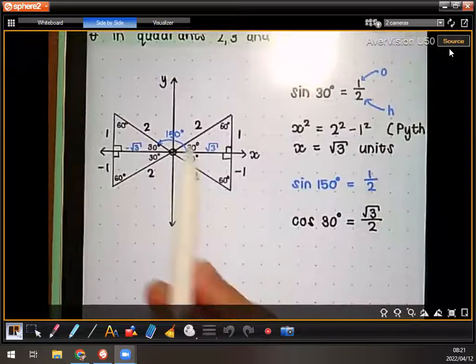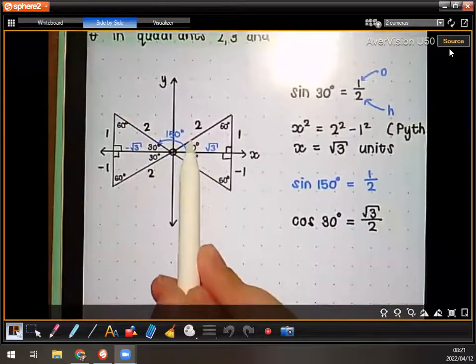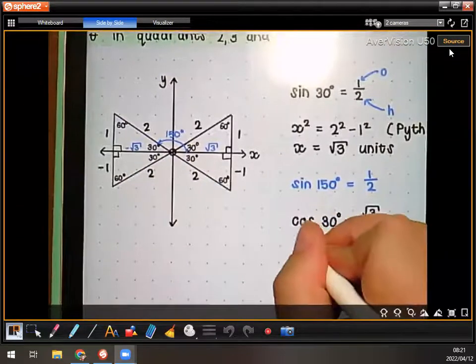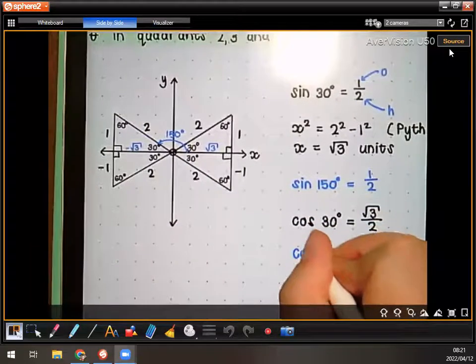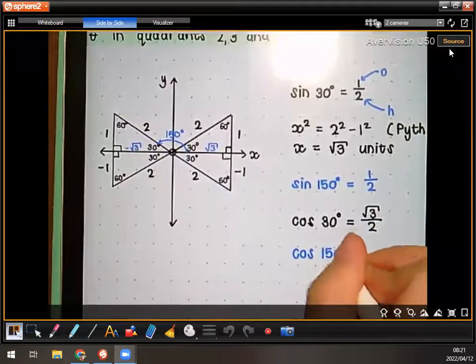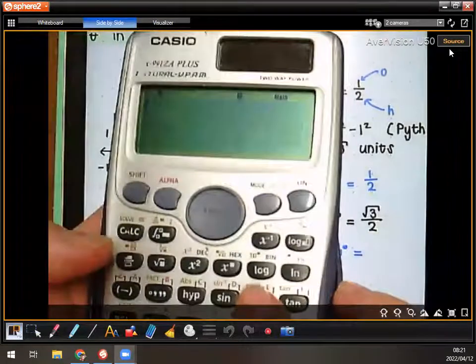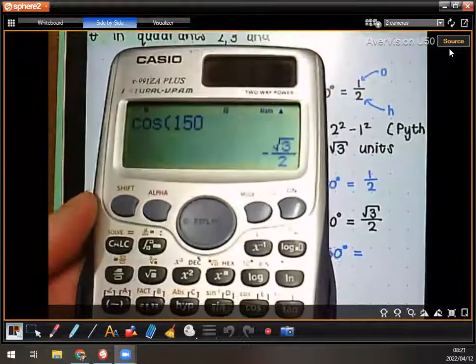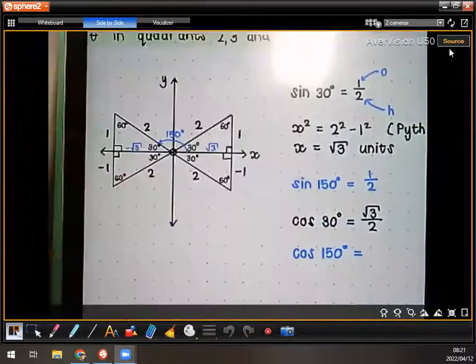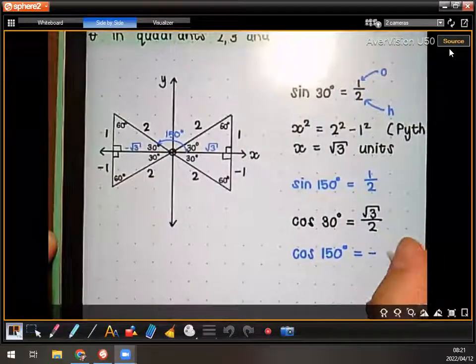But then cos of 150, we're just comparing them, guys. We're comparing the two quadrants. Negative root 3/2. So the same value, but a negative answer.